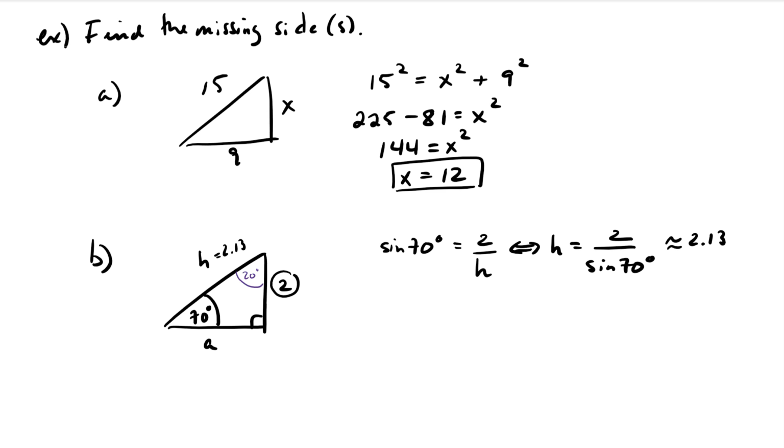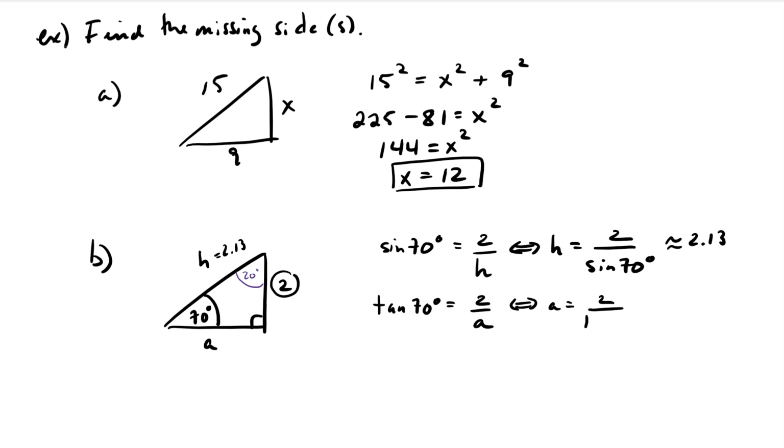So it's really up to you. But I'll show you here using another identity. If I use tangent, the tangent is opposite over adjacent, so it naturally leads me to an equation where I have a single unknown. Of course, I could have also used cosine, because now I know what h is. So both would have worked too.